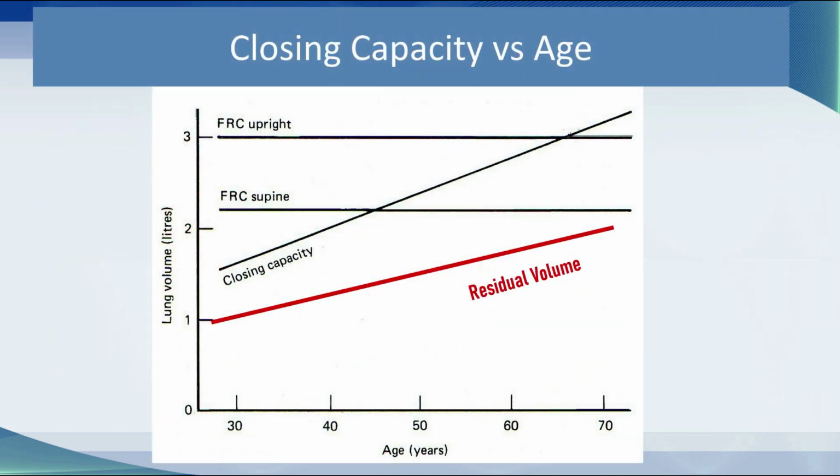Closing capacity increases with age. By the age of 45, closing capacity is equal to FRC in the supine position. By the age of 65, closing capacity is equal to FRC in the upright position.